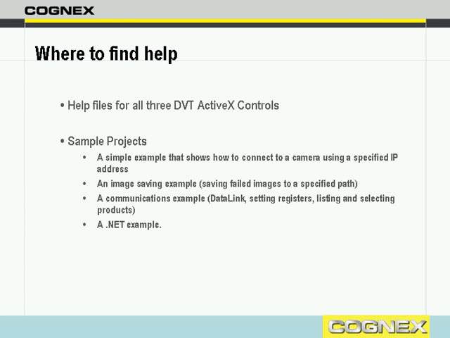Help files, again, for all three DVT controls are the most thorough and up-to-date source of information for what's available for each control. All events, methods, and properties are explained in there, with some syntax information and some sample code.